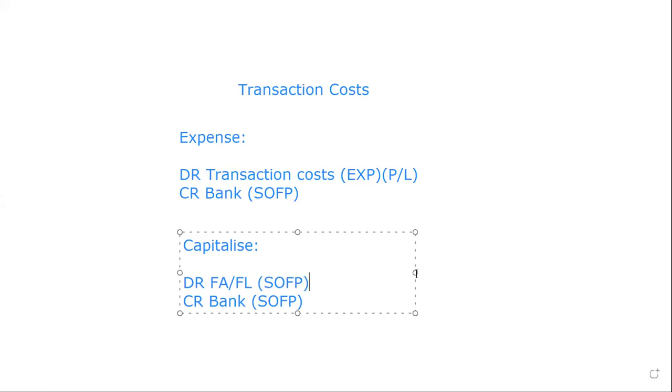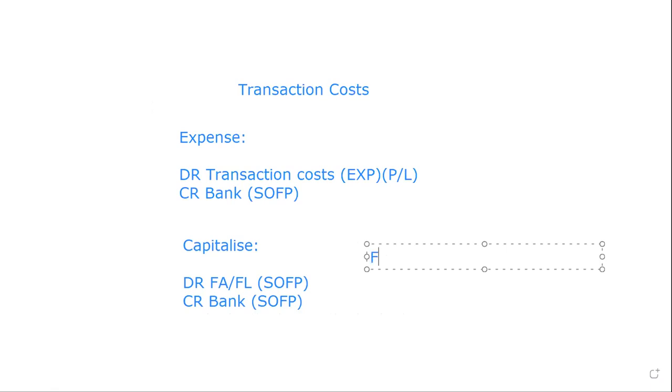Now, very interesting. If we are capitalizing, as we've done so in this journal entry, we have a financial asset, which we know increases on the debit side, and here we are debiting it with the transaction costs. So that means what's going to happen with the transaction costs? We must add it.